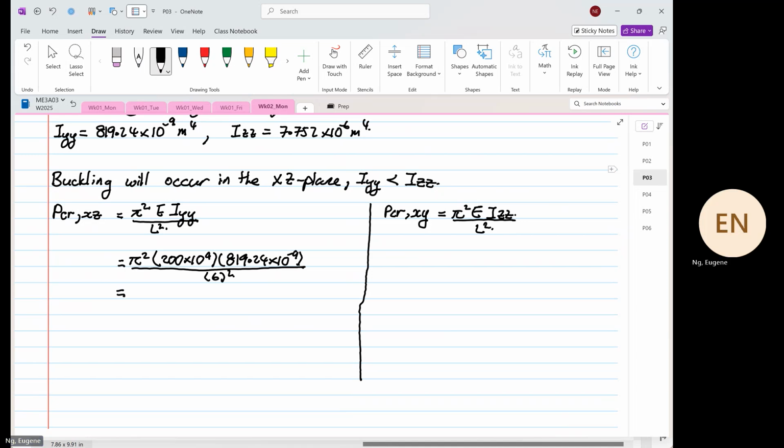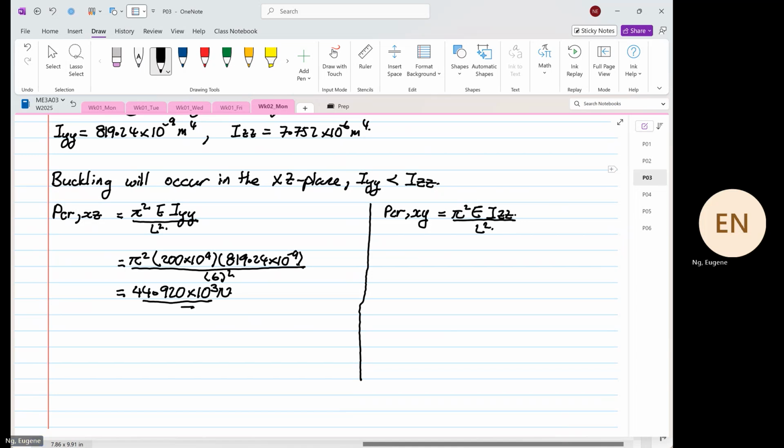Okay. So from here, we can calculate pi squared, which is equal to 44.920 times 10 to the power 3 Newton.